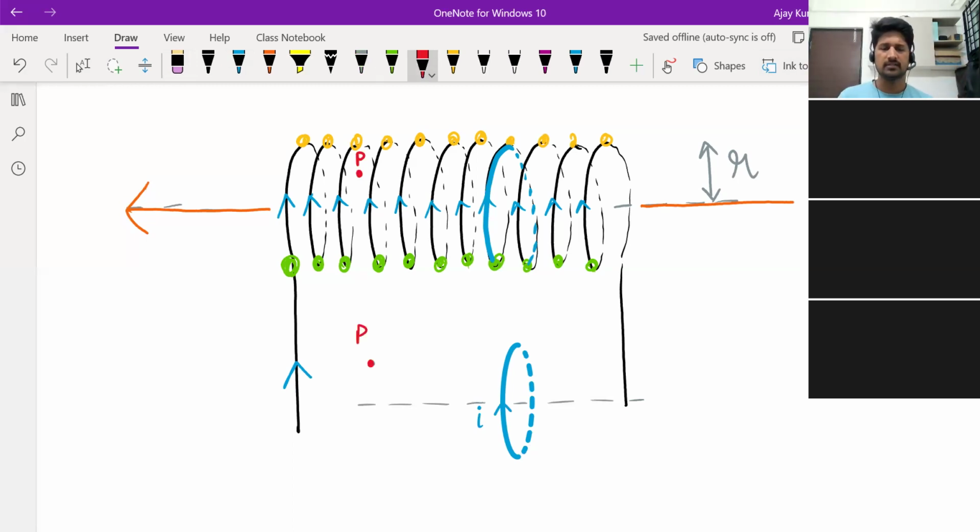Can any of you guess the direction of magnetic field produced by this loop at point P? On the axis, it's easy to guess. The magnetic field is going to be like this. Straight field line you will get. Away from the axis, how does a circular loop produce magnetic field? In which direction does it produce magnetic field? Any idea?